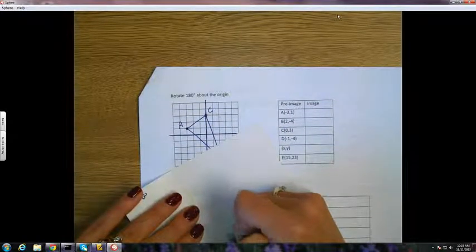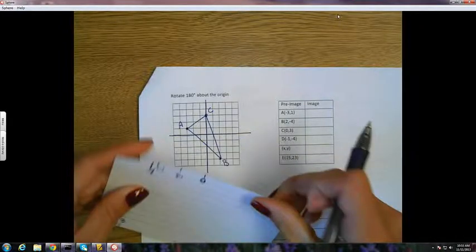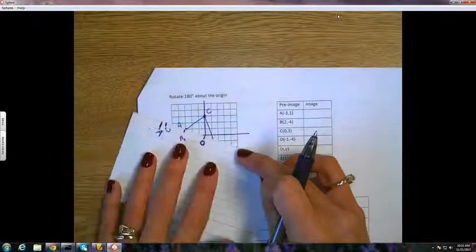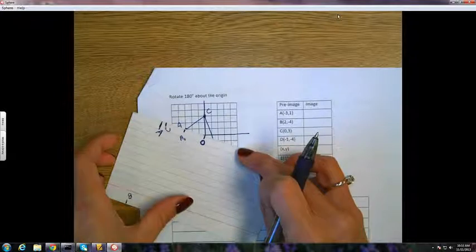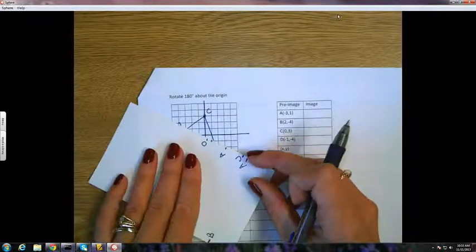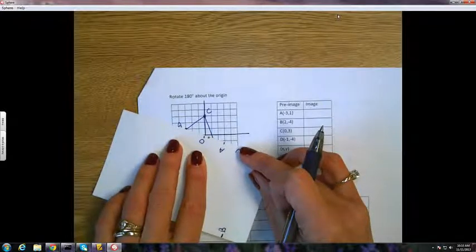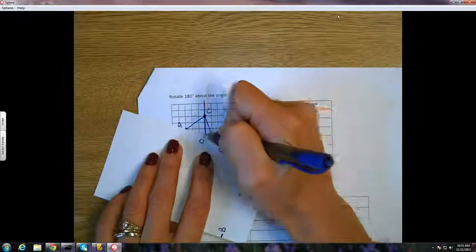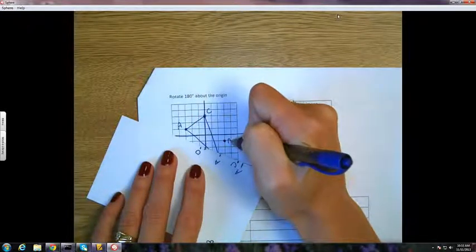Origin, A. So what do I have to do to rotate this thing 180? Flip it. Just flip it right over, keep my origin at the origin, line it up with the A, and now I can see where the A is going to land. It's going to land right here, because I can make a straight line. 3, -1. That's at 3, -1.